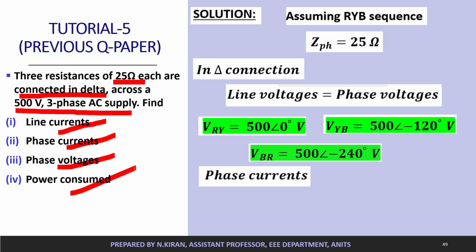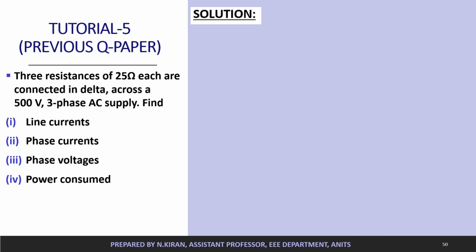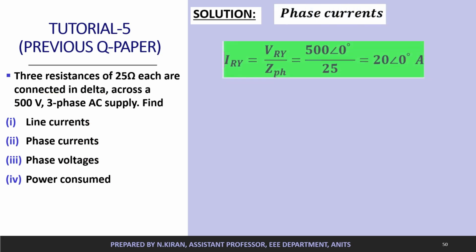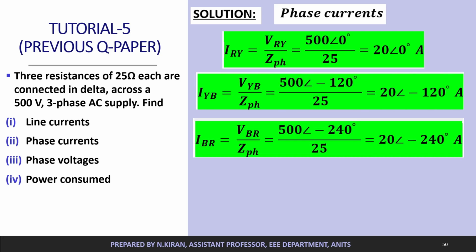Phase currents: I is equal to V by Z. So you know the values of respective line voltages as well as phase impedances. Just substituting the values in the formula will give me the values for phase currents for this delta connected load.